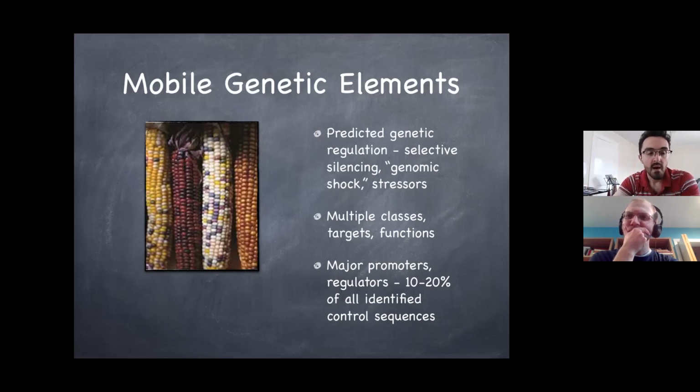Some of them encode their own enzymes that allow them to do this, transposase or retrotransposase, meaning that they convert themselves into mRNA, then that mRNA is converted back into DNA and reinserts itself. Some do that, some don't. Some rely on the enzymes of other mobile elements.